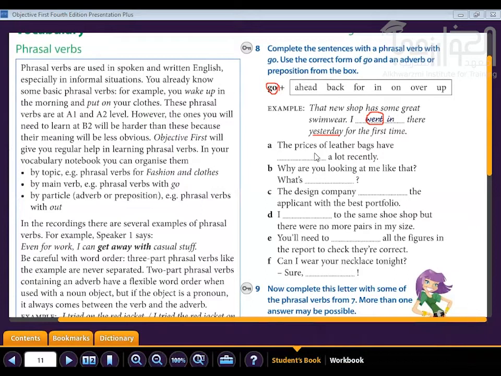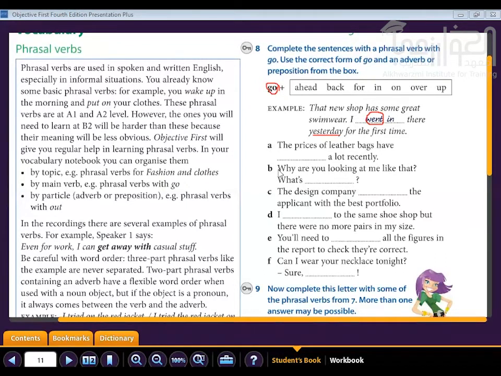Now let's look at A. The prices of leather bags have a lot recently. Now this word have. So which form of go should we use? If we have, it's talking about the present perfect. So present perfect goes with verb 3 of go, that is the past participle.